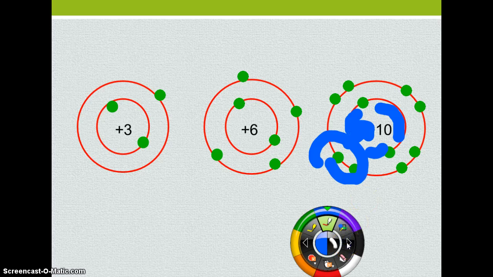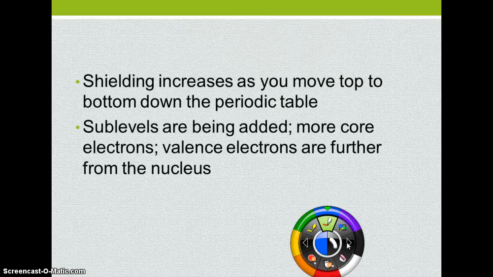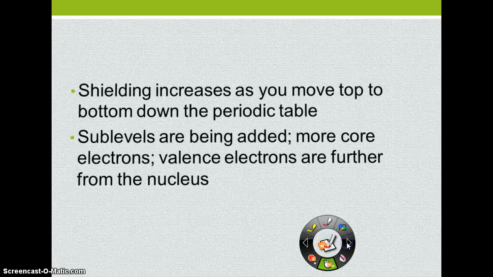But as you move down the periodic table, your shielding is going to increase. You're adding more sublevels. There's going to be more space in between those valence electrons and the nucleus. So you have more space here that's going to block this electron from the nucleus.